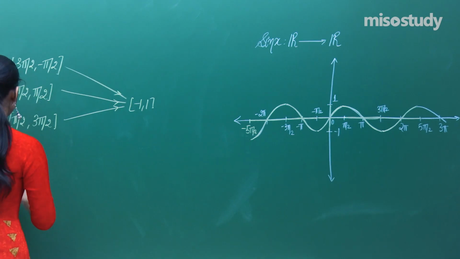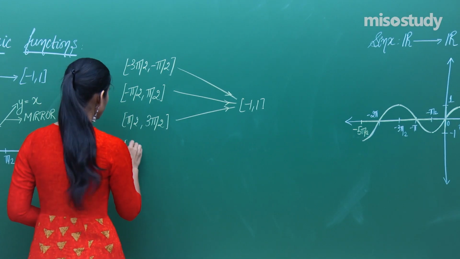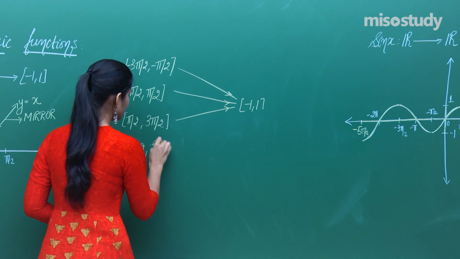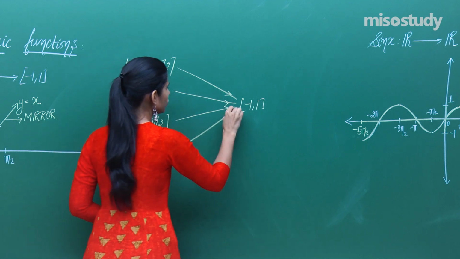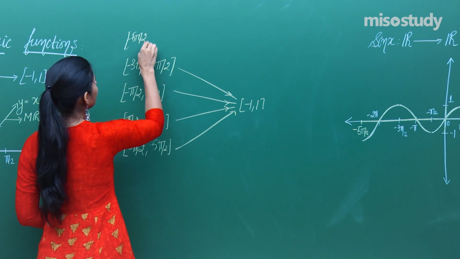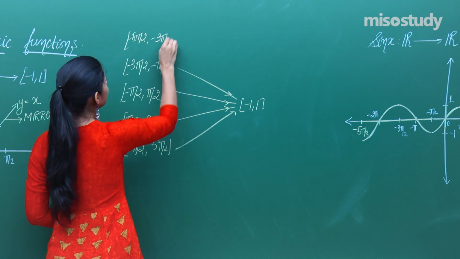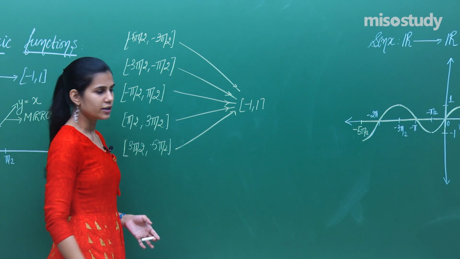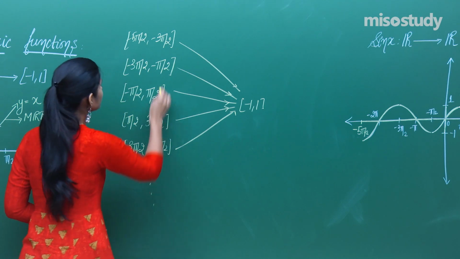So again, from 3 pi by 2 to 5 pi by 2 onto minus 1 to 1, or from minus 5 pi by 2 to minus 3 pi by 2 onto minus 1 to 1, sine is one-one and onto. And that is going to happen.